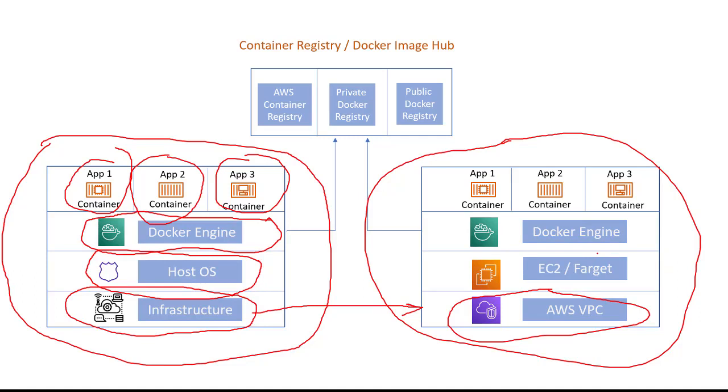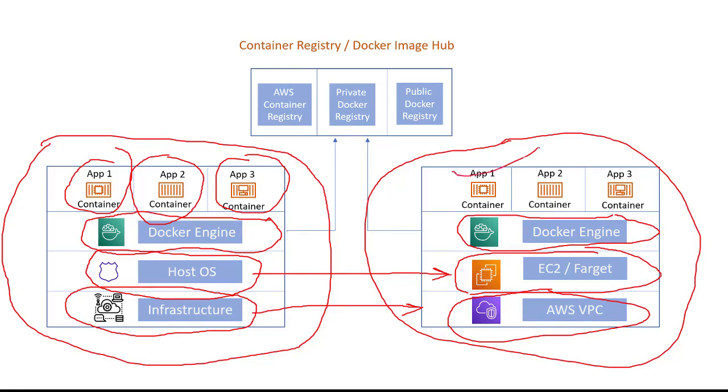Second, instead of the host operating system, you have either EC2 or Fargate. It's the compute where your container is running. On top of this compute engine, you have a Docker engine, and just like before, you have all the containers. So these two things are different: this is your on-premises infrastructure as well as operating system.